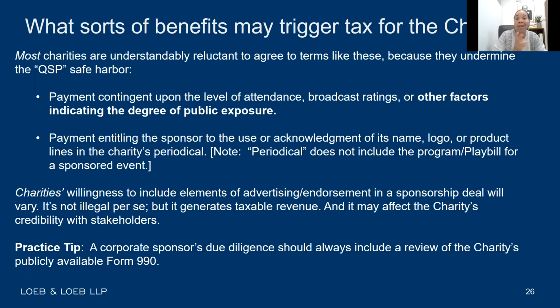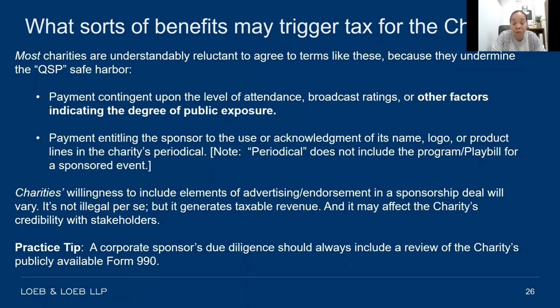This is actually a line straight out of the regulations and the unrelated business income tax rules that apply to charities. If they want it to count as a donation, they're not supposed to be conditioning the sponsorship payment or having that gradual scale where you get paid more for more exposure. Well, of course, if you're the brand, that's exactly what you want. So this is a little bit of a tension.